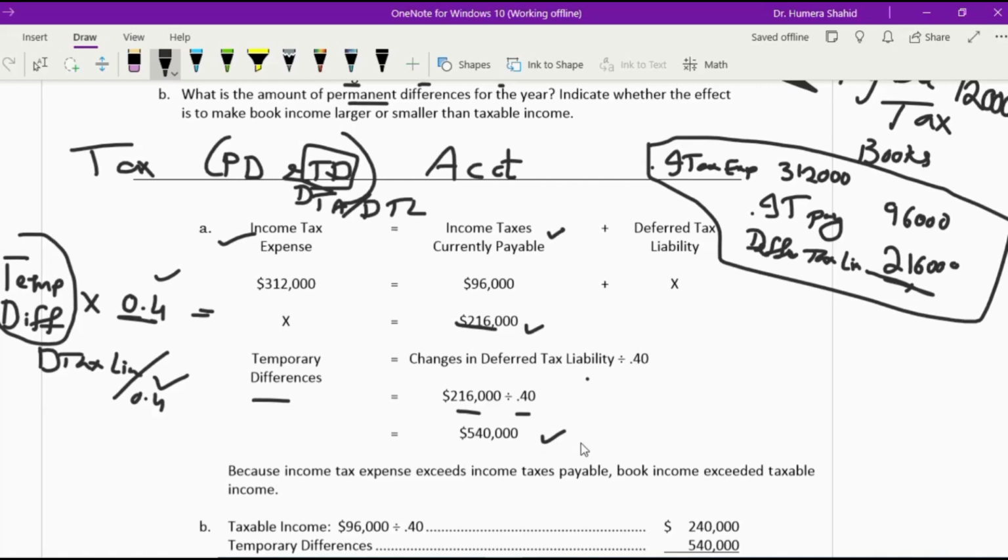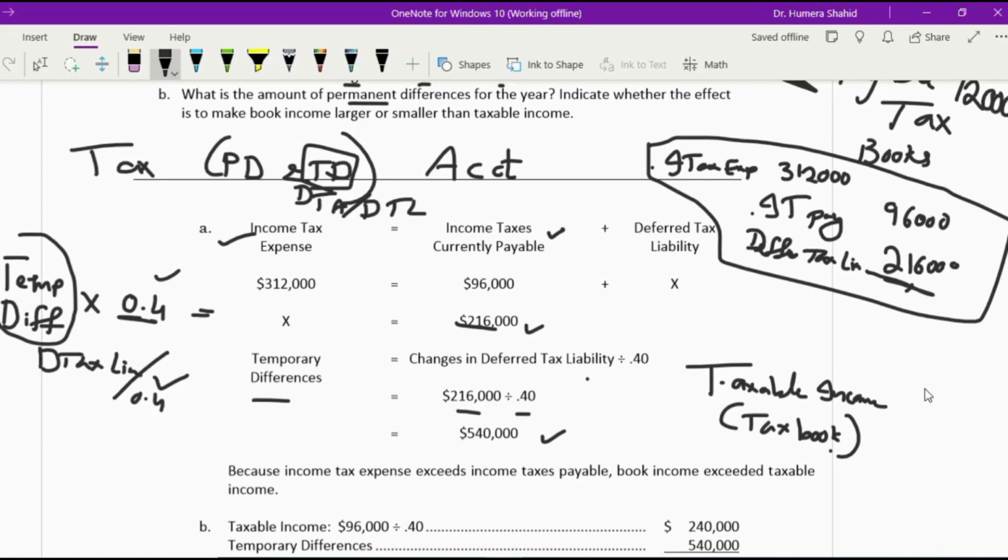Now let's compare. They said clearly that there is a permanent difference as well, right, between the tax books and the accounting books. So basically, if we have taxable income in the tax books, taxable income means I still have to charge tax on it, okay?